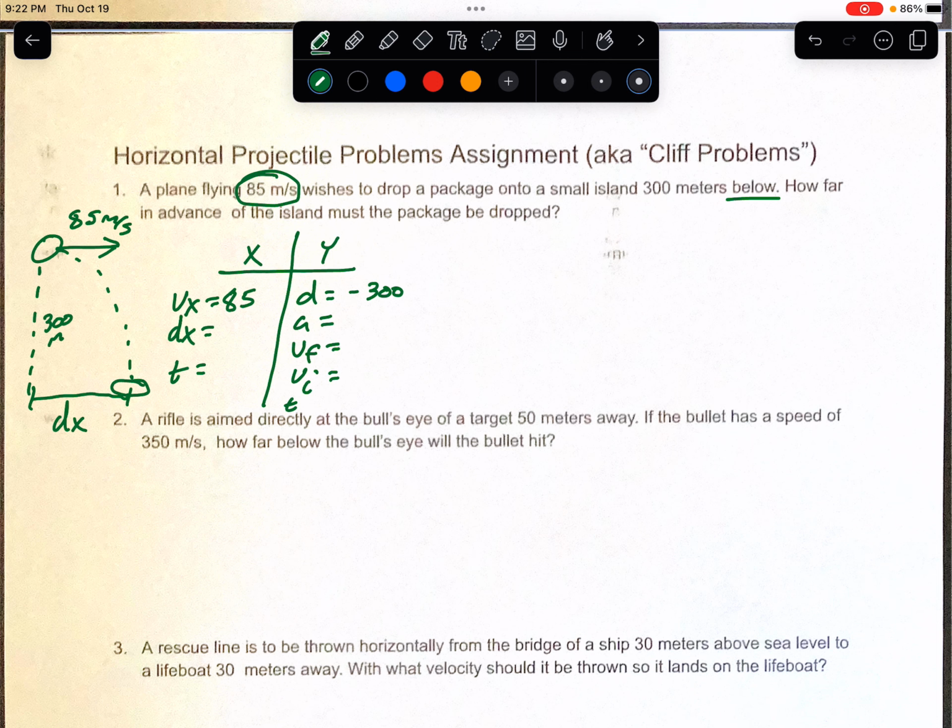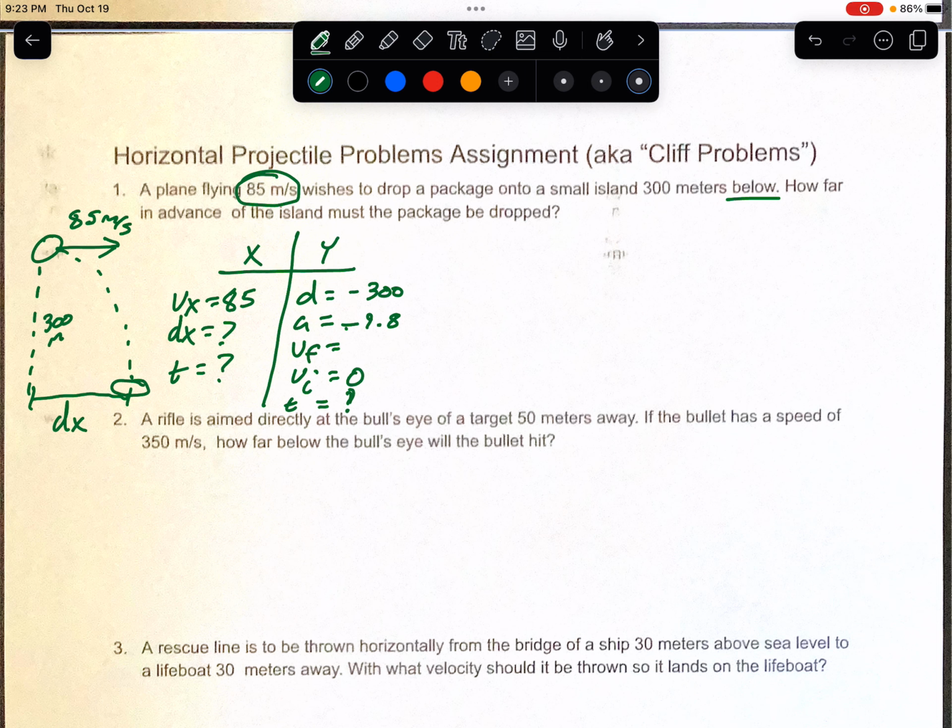Now, that is all it gives us, but there are two other things we know that are implied. We have a is negative 9.8, and Vi is going to be 0. It wants to know dx, so I'm looking for this. Well, if you noticed, I don't have enough. I don't have time. But if you look over here, I can find time using Daffy t, and then I can bring it over.